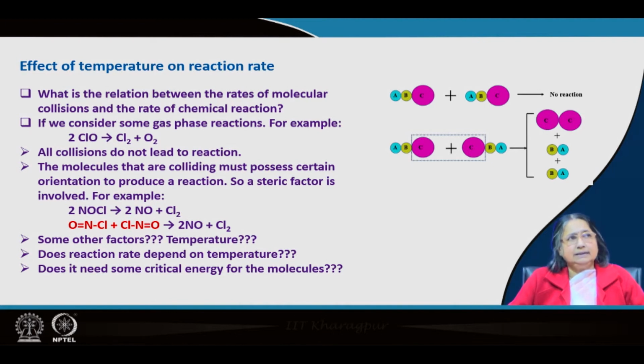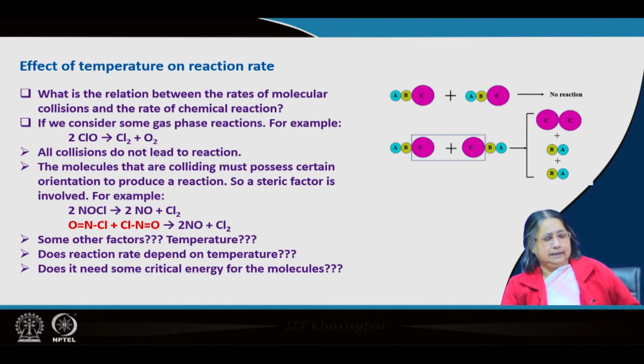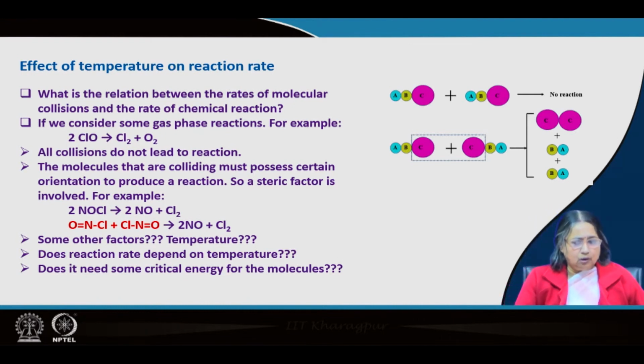In many reactions we see the rate is much lower compared to the number of collisions per unit time. So the question is, do all collisions give rise to reaction, will each collision produce reaction or not?